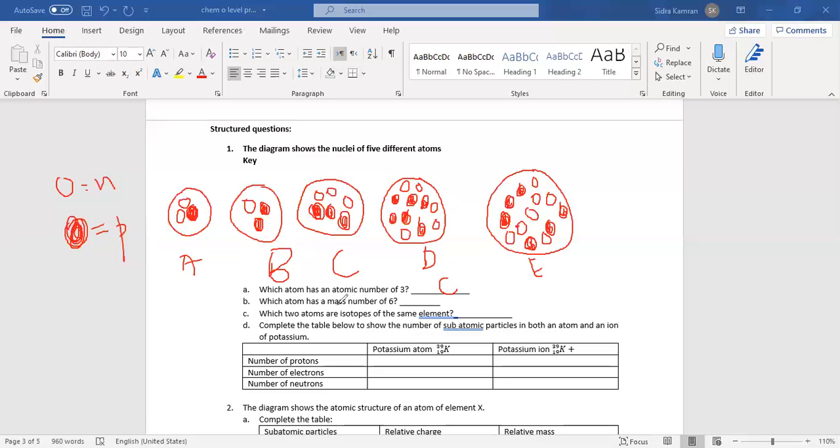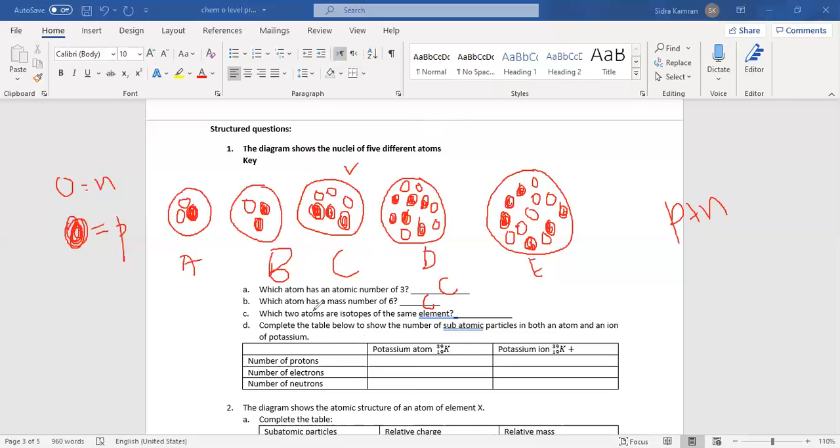Next, which atom has a mass number of 6? Mass number means the number of protons plus the number of neutrons. That is atom C: 3 protons and 3 neutrons, total is 6. So mass number is 6.